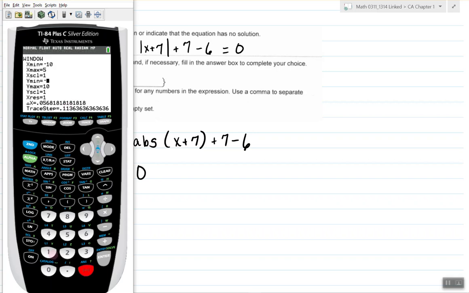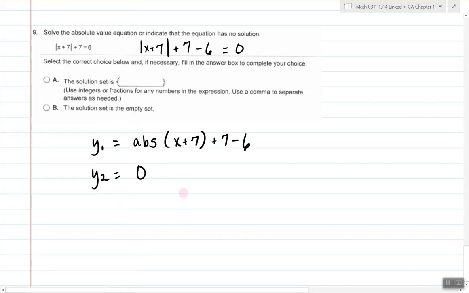I think I'll go negative 15. Oh, that's interesting. Does the graph ever cross the x-axis? The answer is no. If you have no x-intercepts, then you have no real solutions.